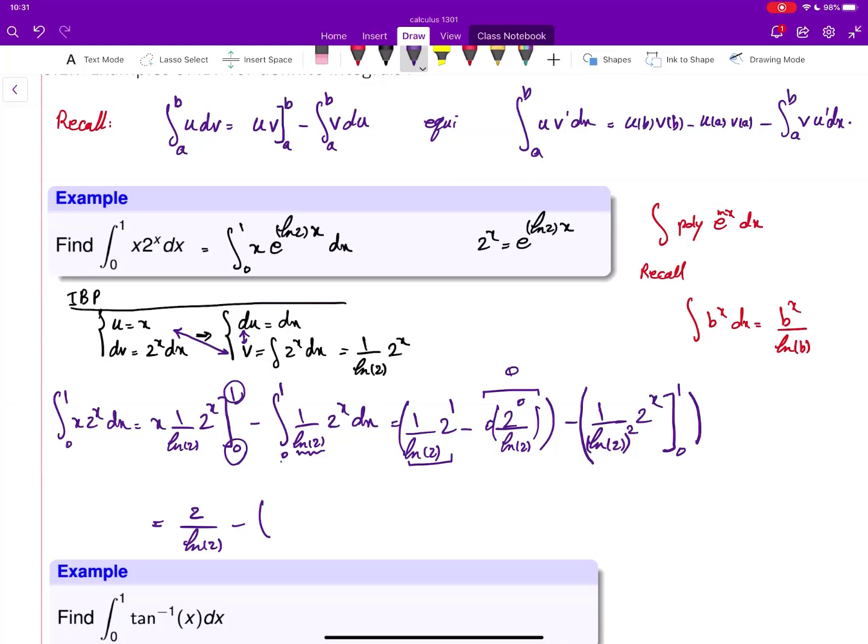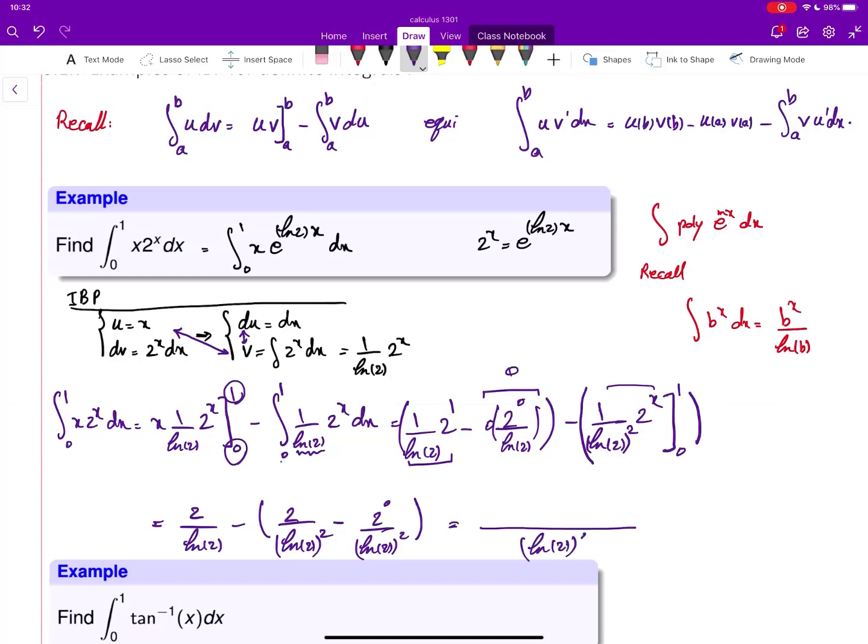Minus, if I plug in 1 in this term, this will be 2 over ln 2 squared, minus, plugging in 0 there, 2 to the power 0 over ln 2 squared. So I can find the common denominator.